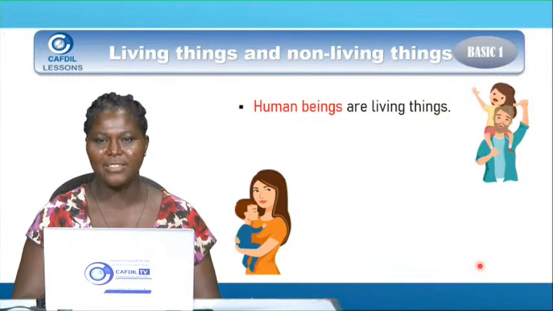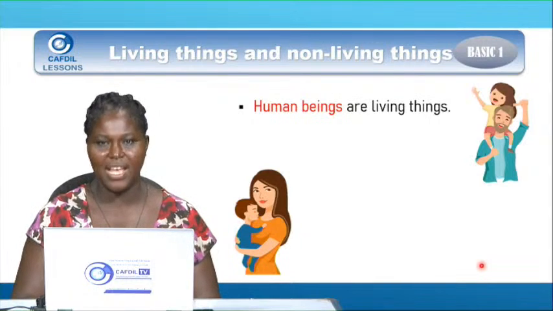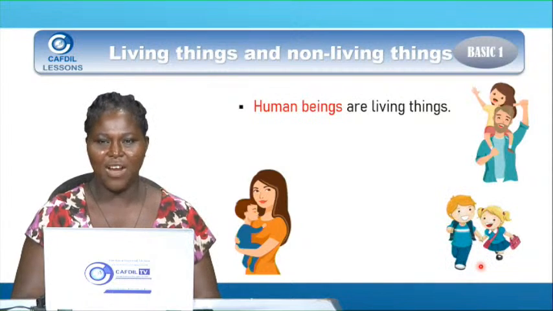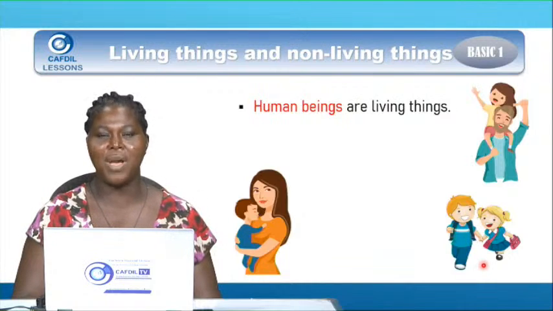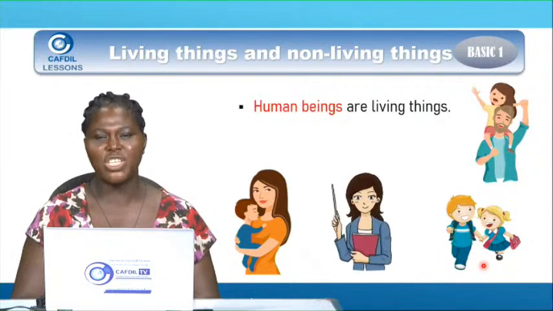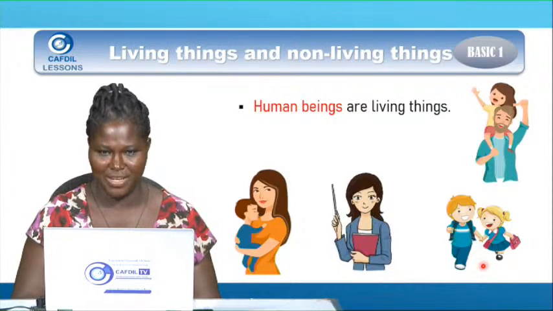So the man and the boy are human beings, and they are living things. Now, your sister and your brother are human beings, and they are living things. Good. Now, your teacher is also a human being.